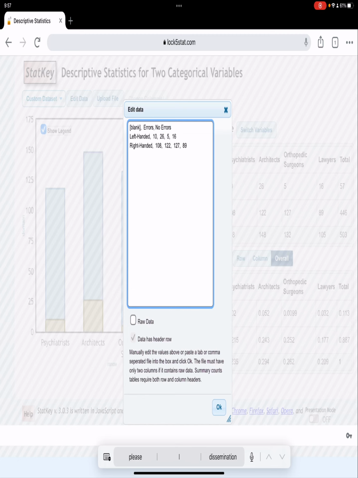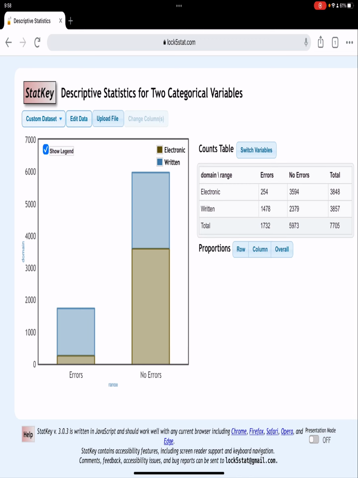And then I've got electronic. And my values here are just 254 and 3594. And then here I have written and 1478 and 2370. Okay, so there's my bar chart.